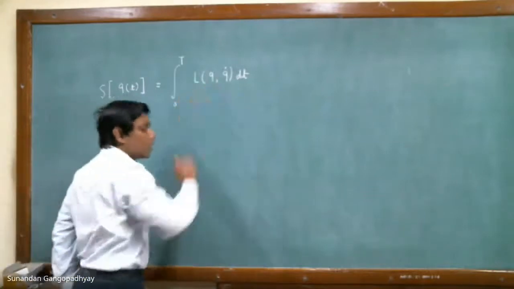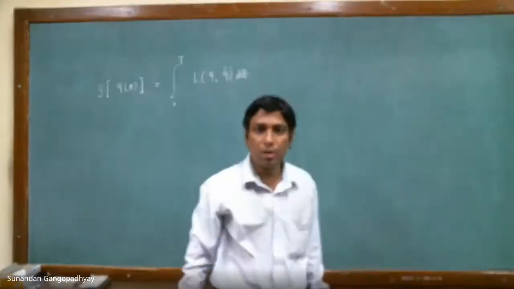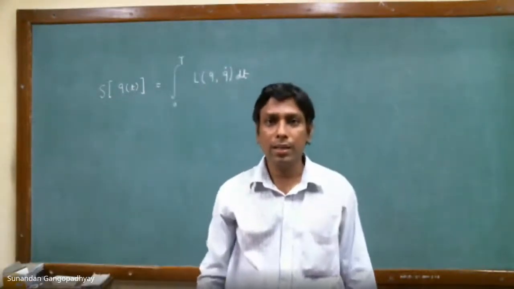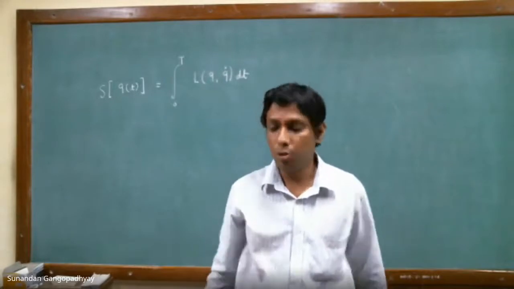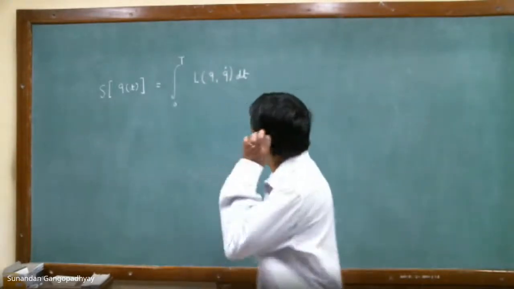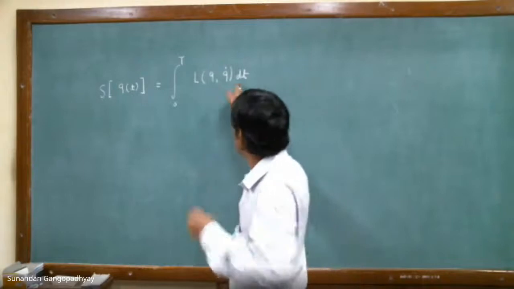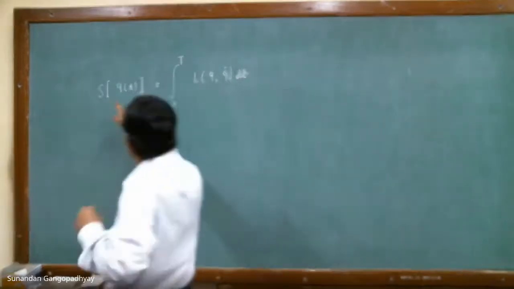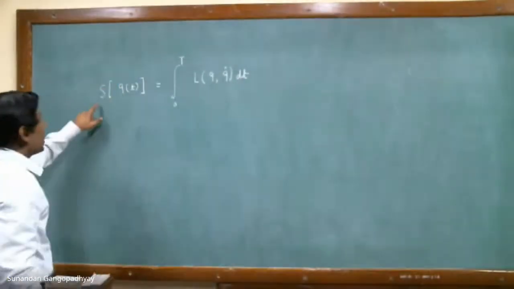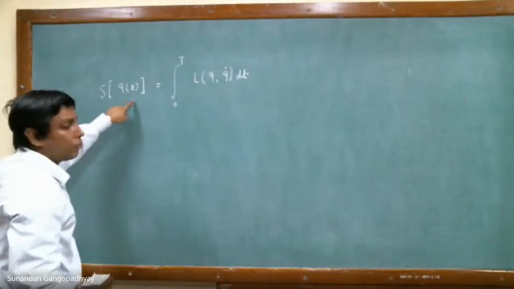This L is a function of q and q dot. So this is known as the Lagrangian, which is a function of q and q dot. And when you integrate, by definition, this is called the action S. And this action is a functional of q(t).